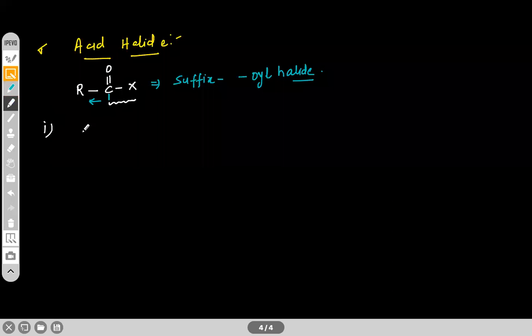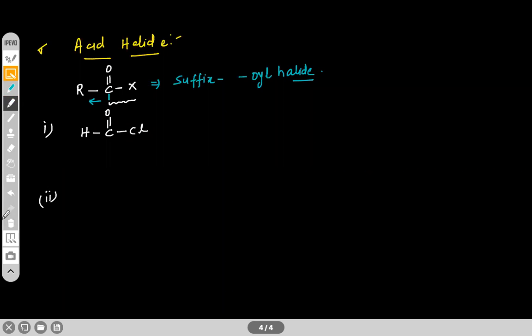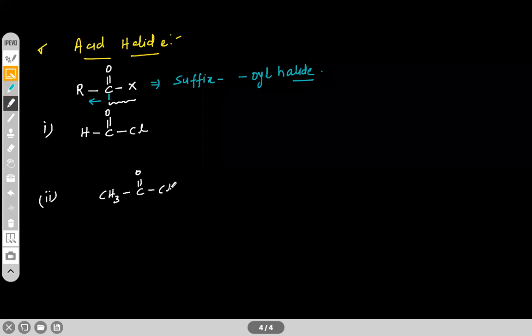Suppose the first one is HC double bond OCl. Second one is, third one is.